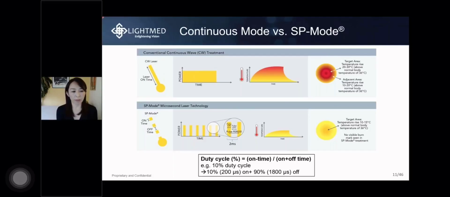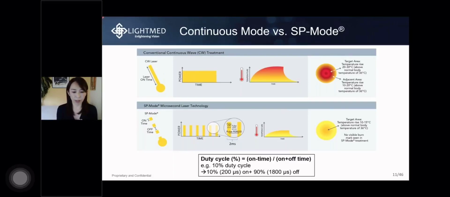But in SP mode, microsecond laser technology, it can repeat on and off, just like pulsing, during irradiation. Typically this repetition is 500 hertz. It means one cycle of on and off is every 2 milliseconds.